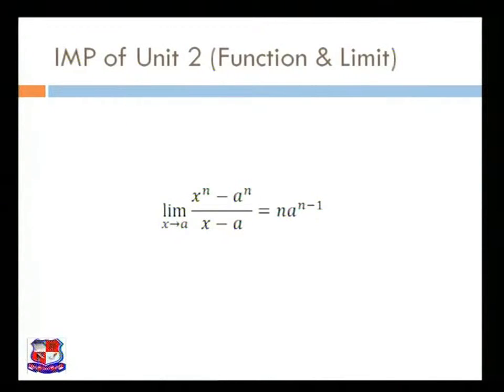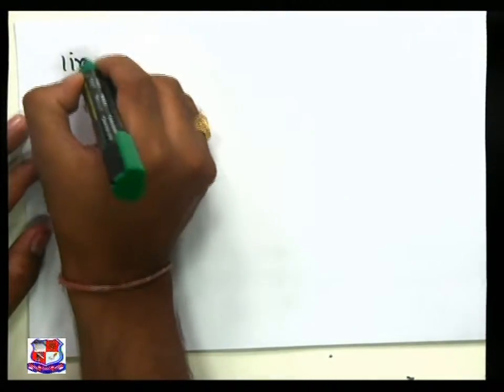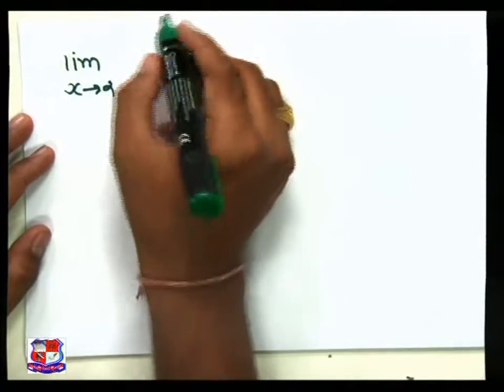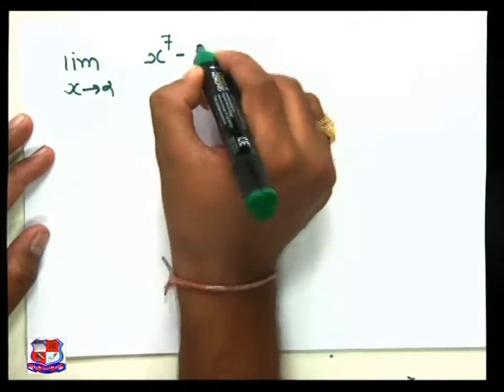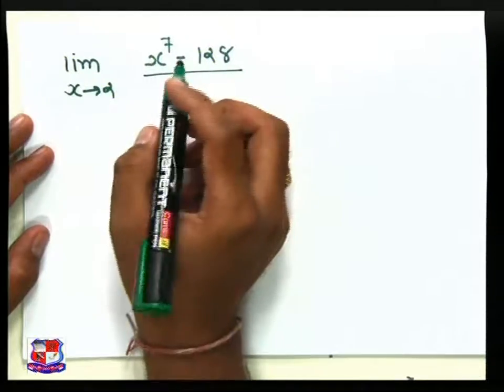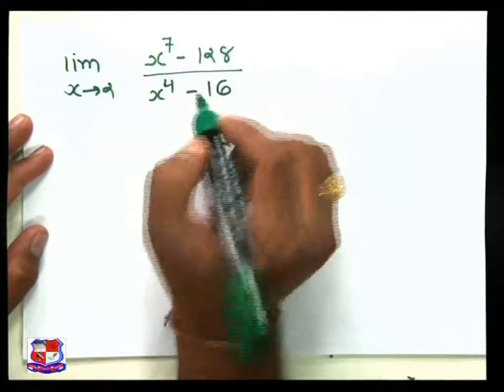So our next question, limit x tends to 2, x raised to 7 minus 128 divided by x raised to 4 minus 16. So we write it first here, limit x tends to 2, x raised to 7 minus 128 divided by x raised to 4 minus 16.